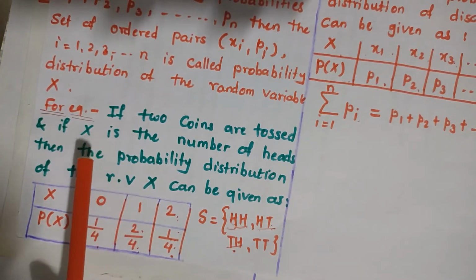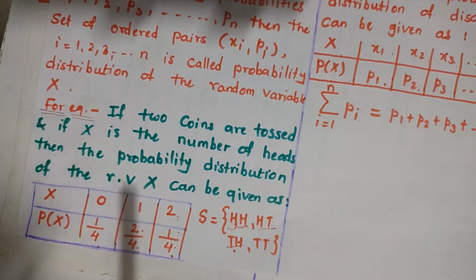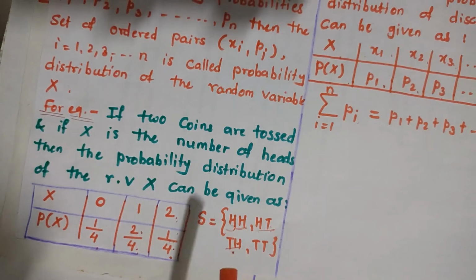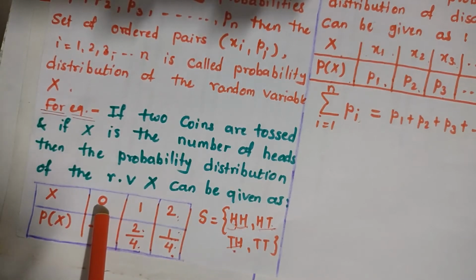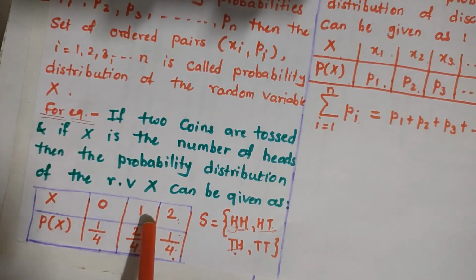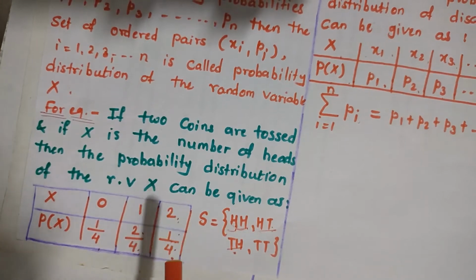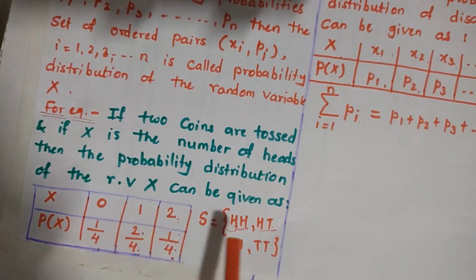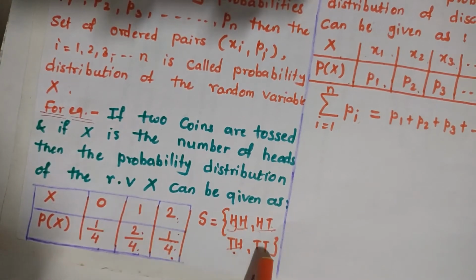Now here the random variable X is the number of heads. So the possibilities of the number of heads for this experiment are 0, 1 and 2. 0 means no heads, 1 means there is only one head and 2 means the possibility of two heads. There is only one possibility for no head, TT.